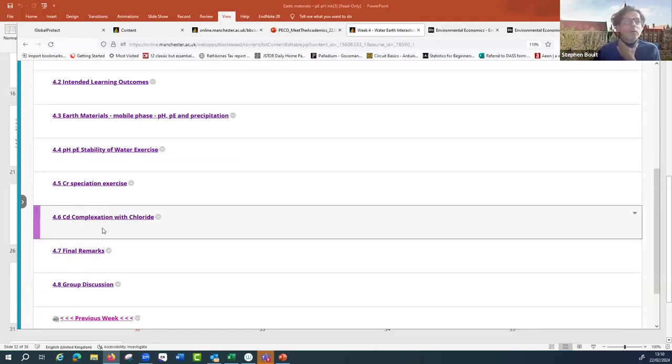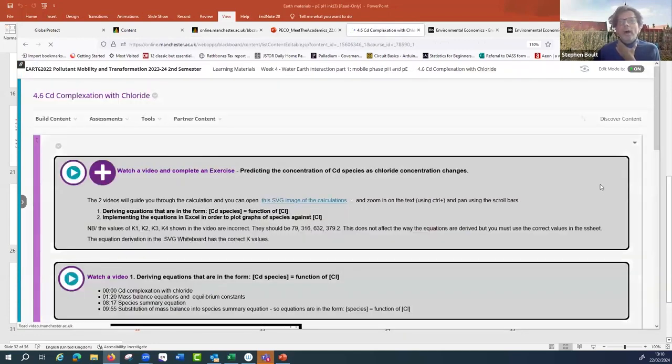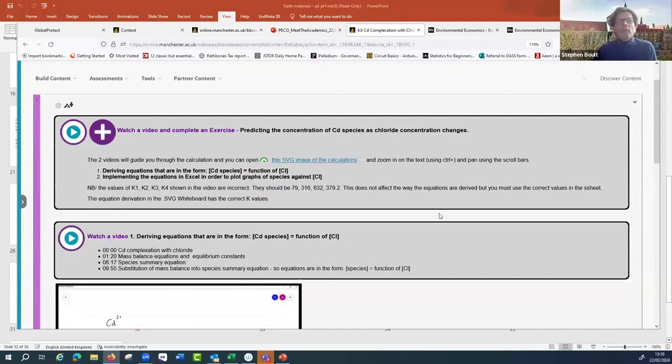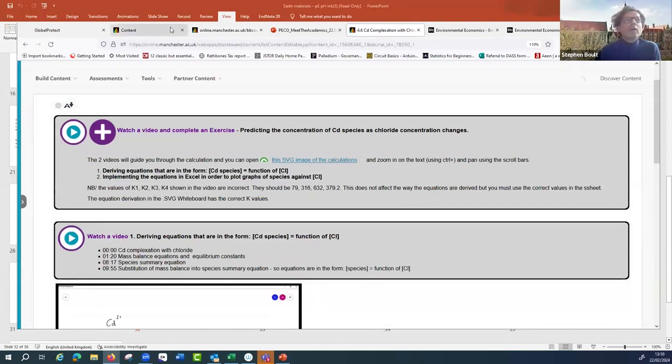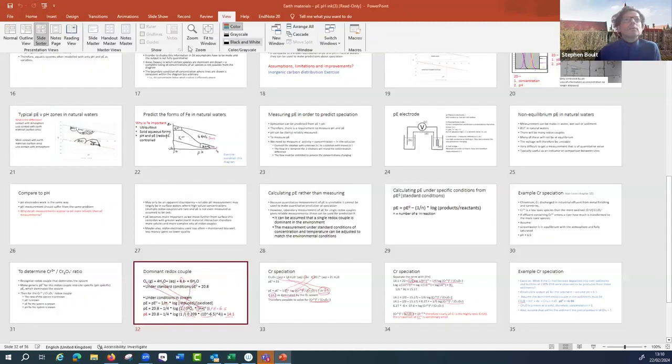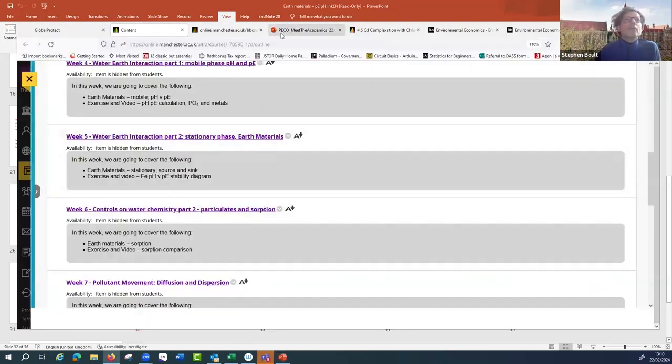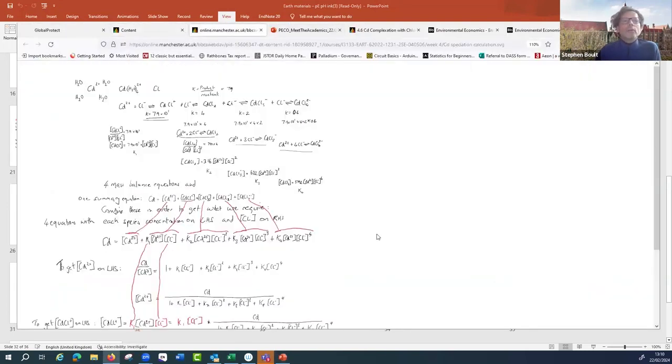And as an example, here's an exercise that you'll do. And you can see that you're taken through the exercise with videos, and there's an image. In this case, there's a calculation to be done, and there's an image of that. So we go through on a whiteboard, and the image is saved, and you can look at the image.